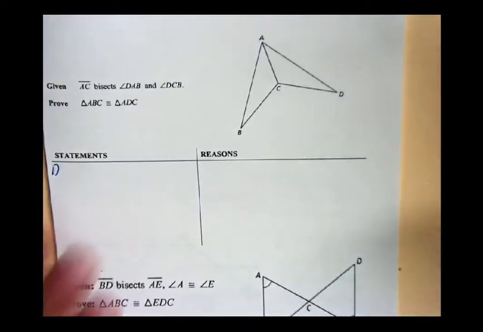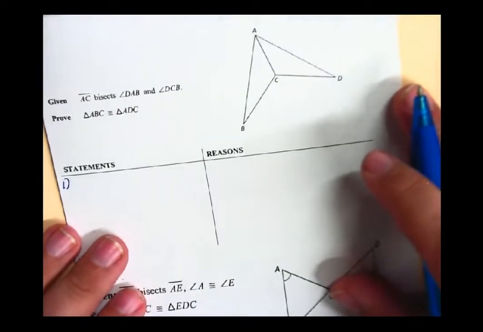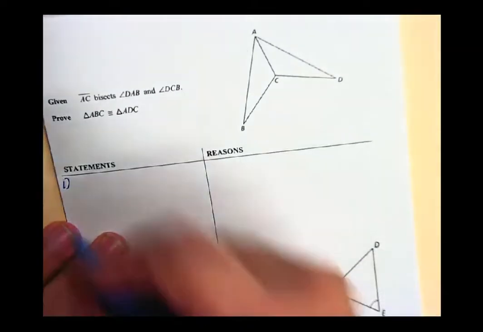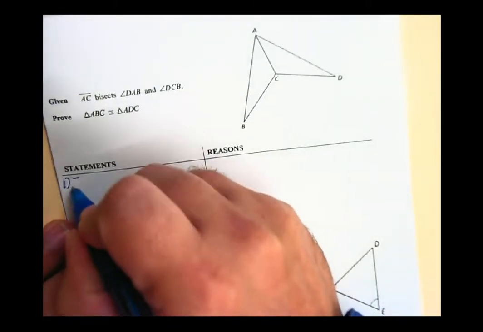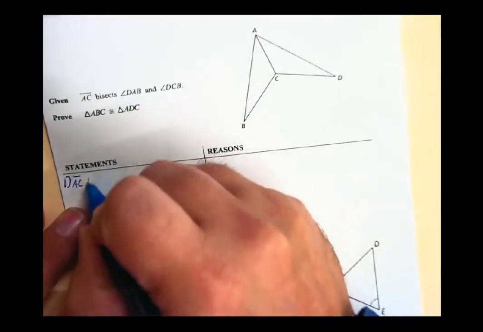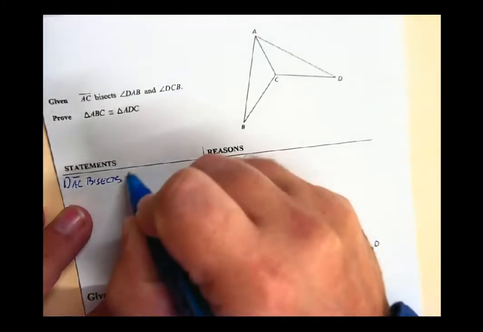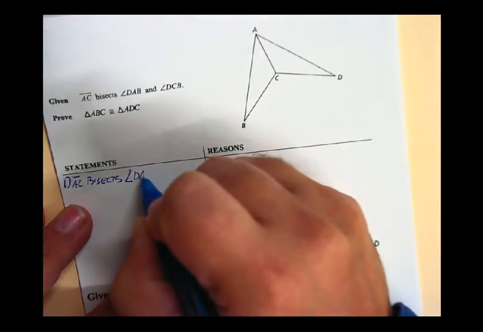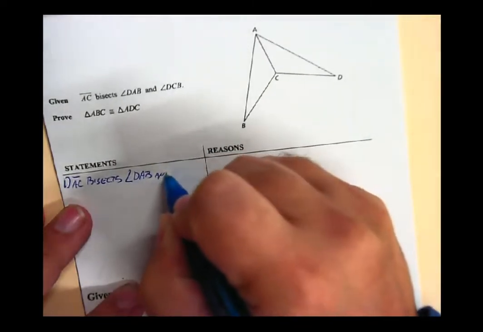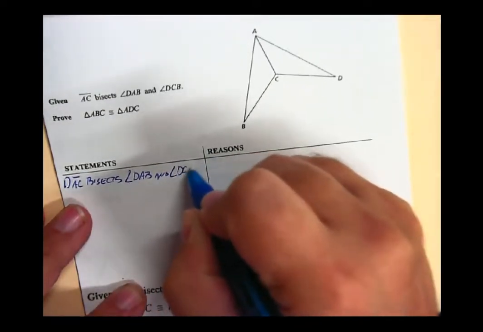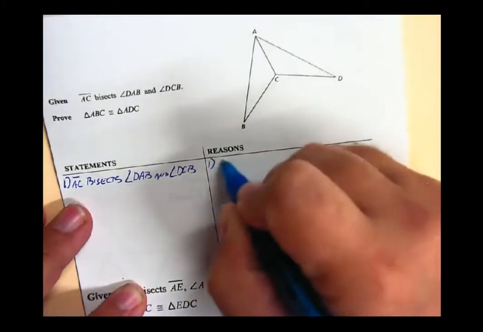So first things first, write down the given. And then after we get that down, then we'll look at figuring out what we're going to do with this. So segment AC bisects angle DAB and angle DCB. We know this because it was given to us.